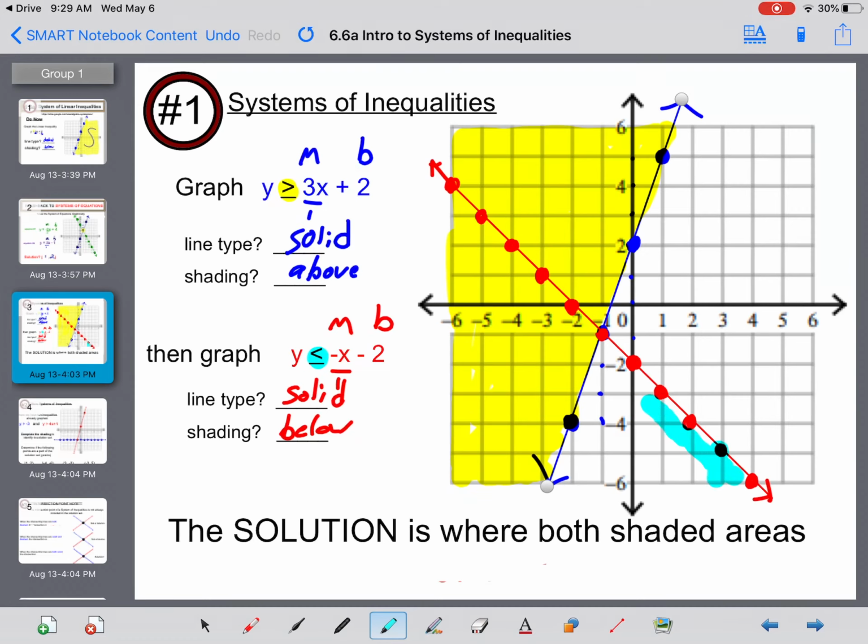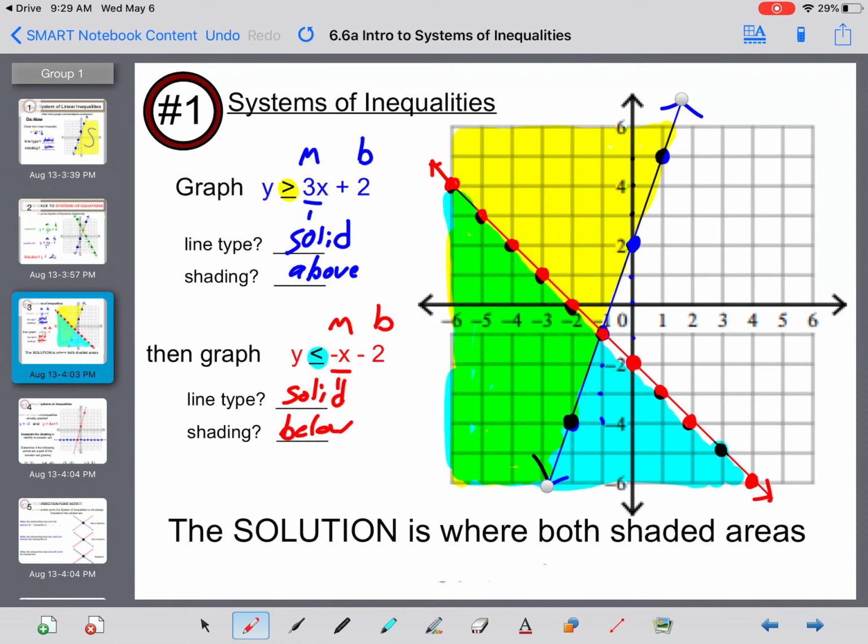Now we said we're going to shade below, and look at what happens. Below would be down, but watch. So now clearly in the shaded areas we have three distinct colors.